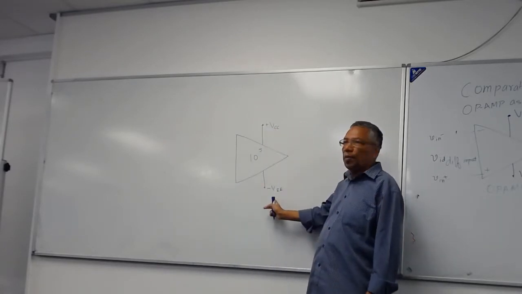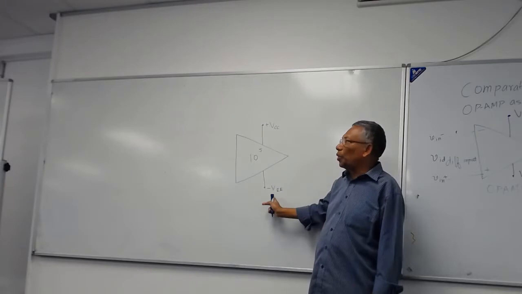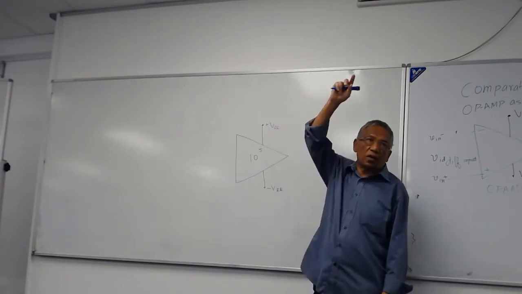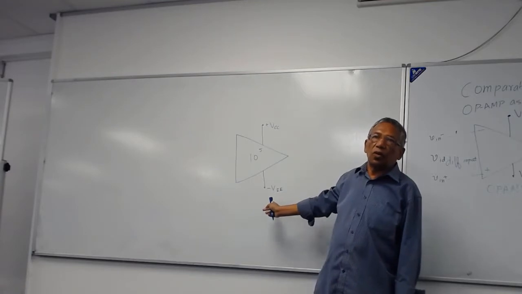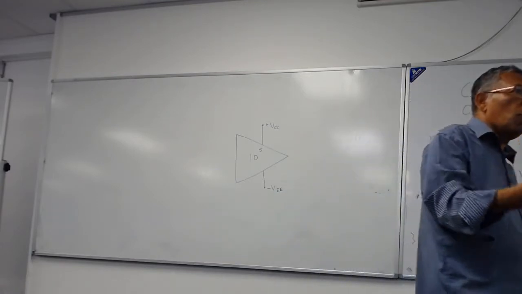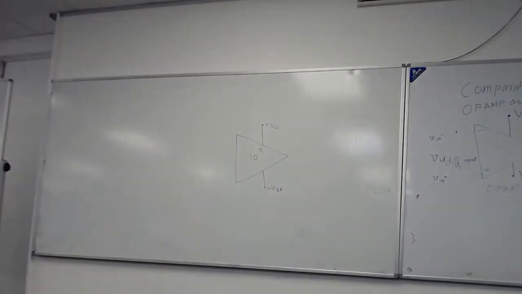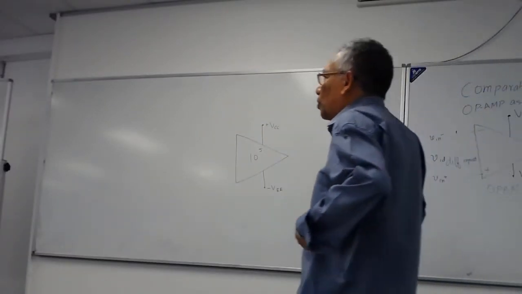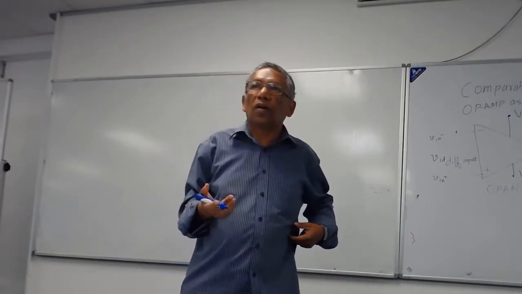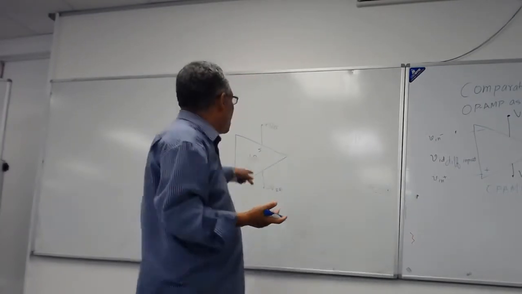So the top is connected to the collector of a transistor and this is connected to the emitter of a transistor. When we discuss transistors, you will know more detail. You already know transistor: emitter, base, collector. Some of you may have taken electronics as a subject in high school, so you may know a little bit. So that's the reason it's called CC, and that's the reason it's called EE.